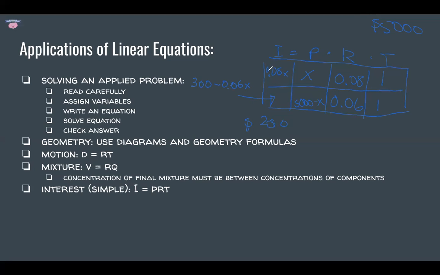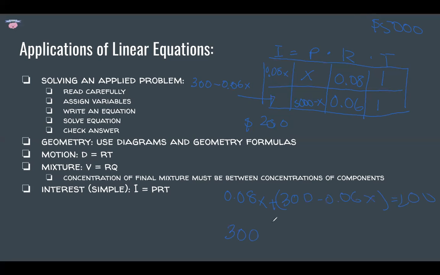Now, we want to add these up to find the total interest, right? So we get 0.08x plus 300 minus 0.06x is equal to 200. Some of you might notice something a bit off about this, but let me explain it to the others.